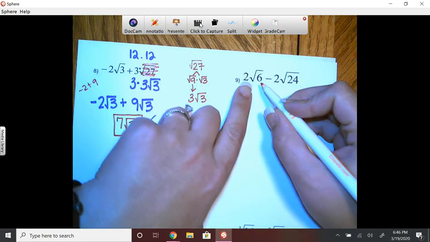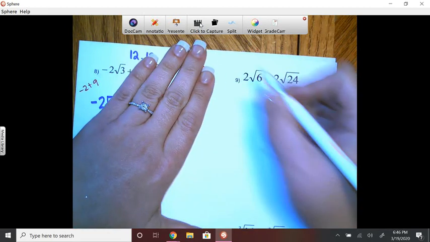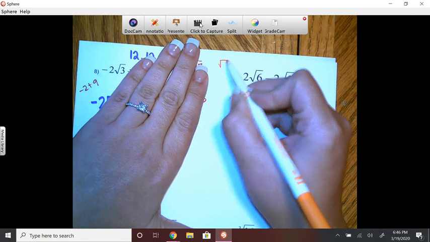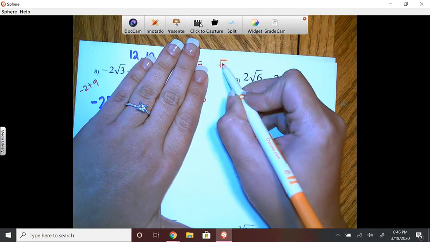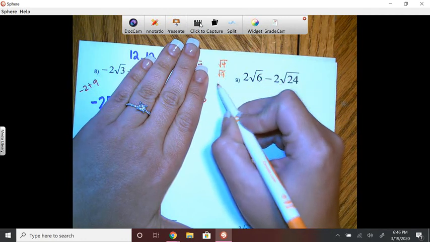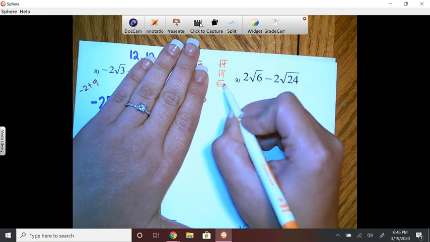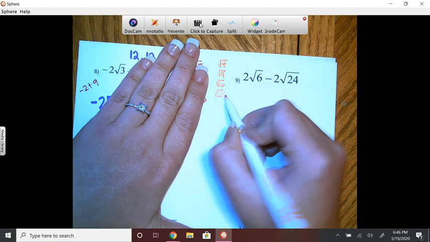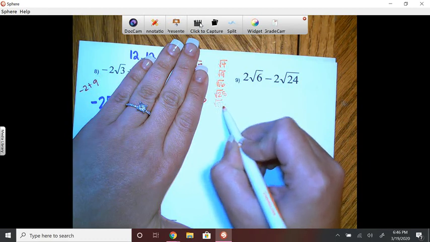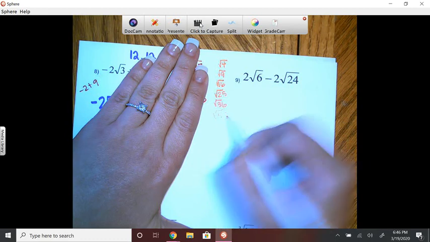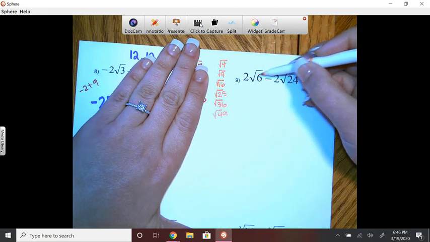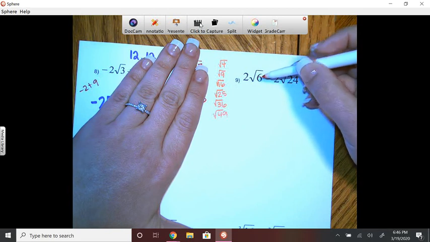So remember, to know if a radical can be simplified, we have to think, 2 times 2 is 4, 3 times 3 is 9, 4 times 4 is 16. If any of these perfect square numbers can go into this number here, it's not simplified.